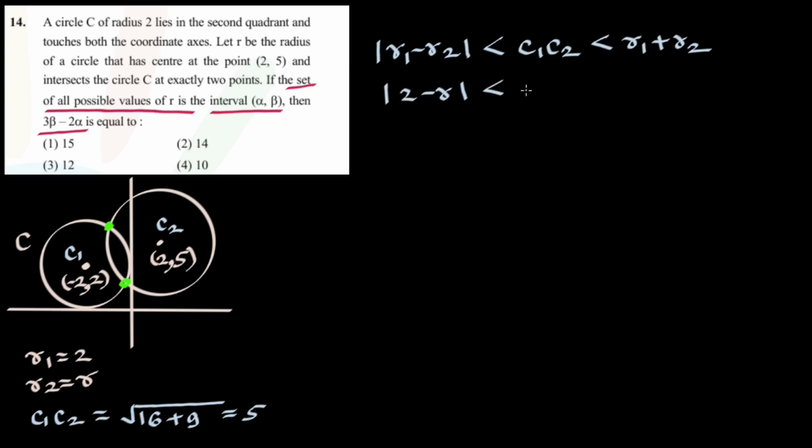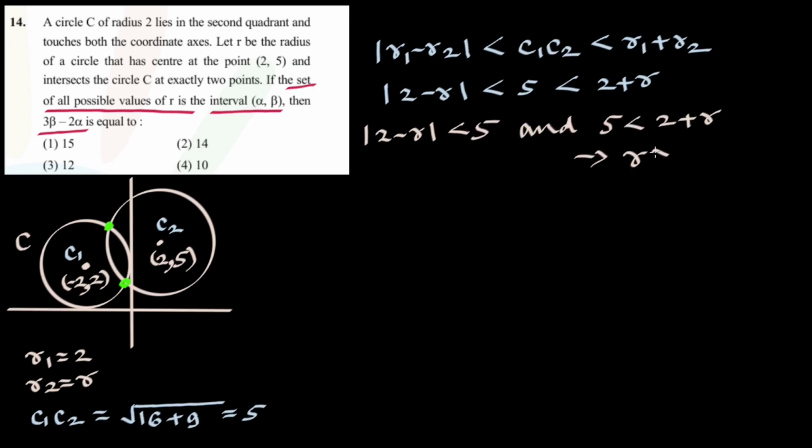Now we have mod r1 minus r2 is less than the distance between centers of two circles C1 C2, which is less than r1 plus r2. Mod 2 minus r is less than 5 is less than 2 plus r. So we get two relations. Mod 2 minus r is less than 5 and 5 less than 2 plus r, which gives r greater than 3.